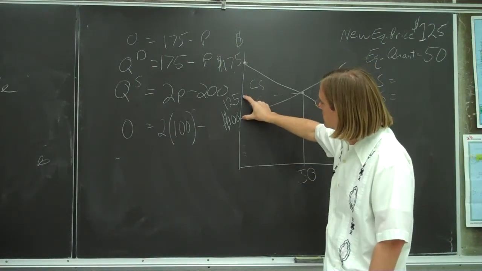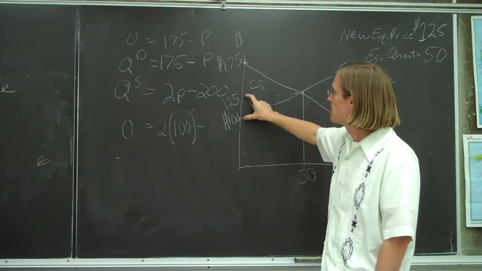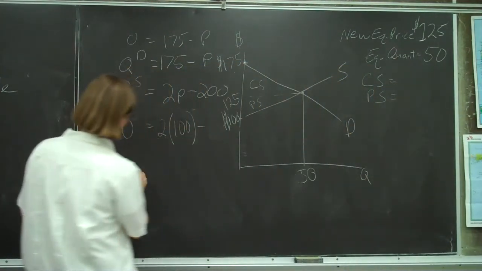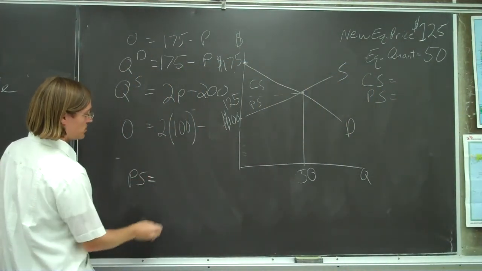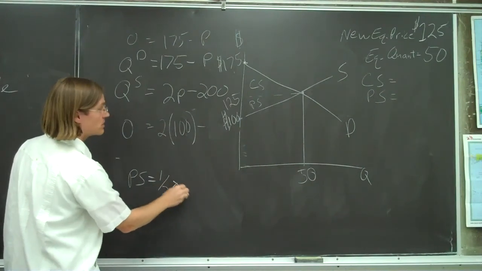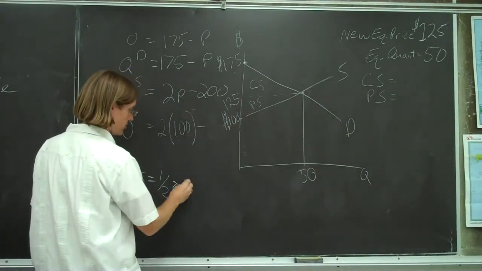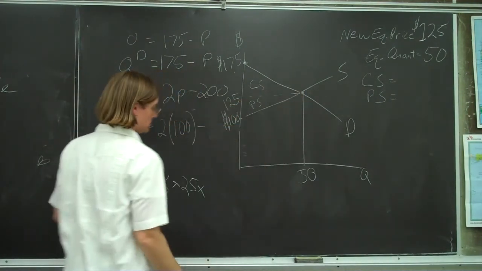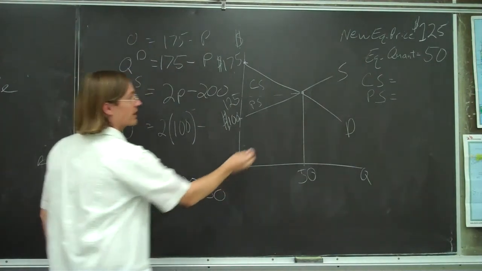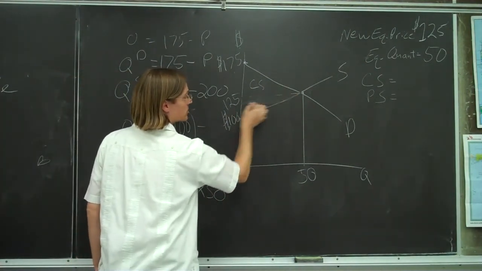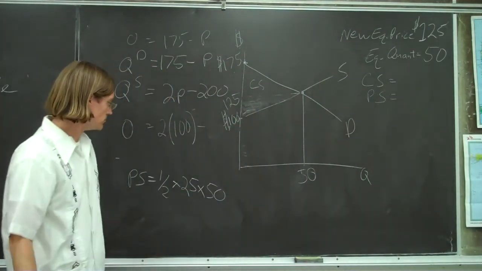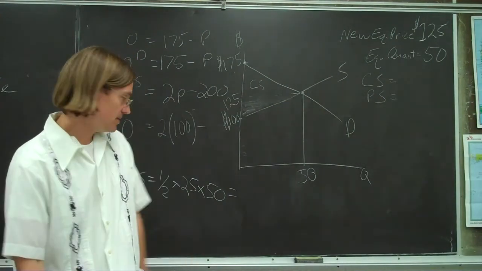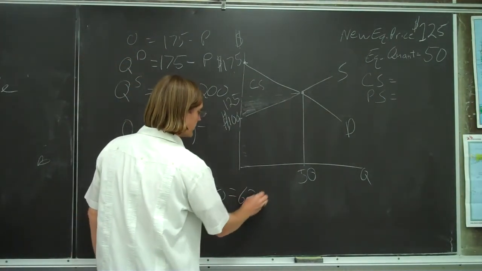And so we know this base for the producer surplus, this distance is 25. So producer surplus equals 1/2 times 25 times 50. Just finding the area of this triangle. And that should be equal to, off the top of my head, 625.